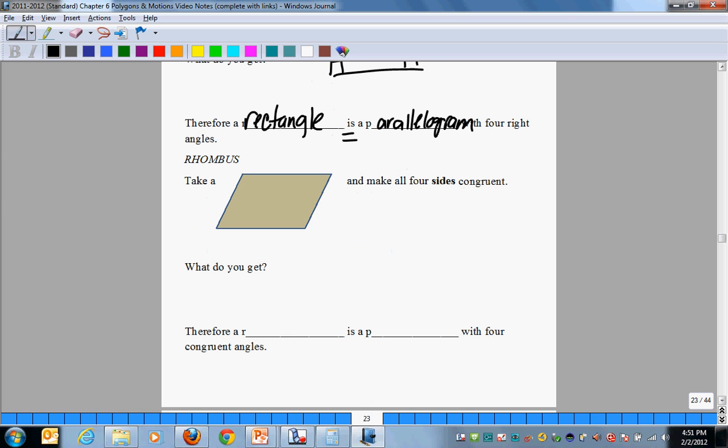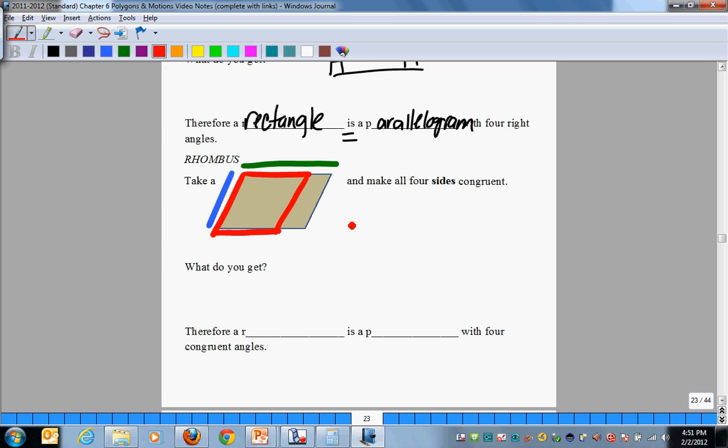Now you have a second shape. Right now you can see in a regular parallelogram you have a longer side and a shorter side. In a parallelogram you have 2 elongated sides and 2 shorter sides. Imagine if you were to make all 4 sides exactly the same length.